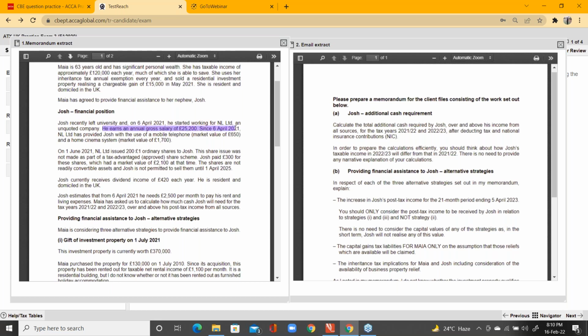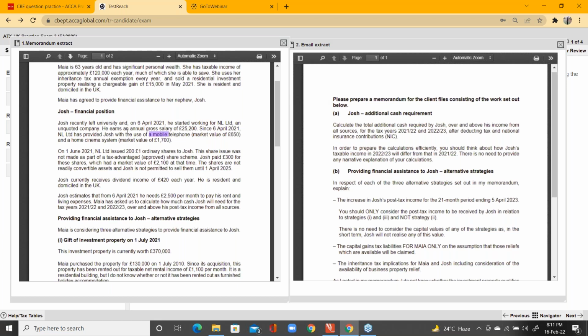All right. Since 6 April 2021, NL Limited has provided him with the use of a mobile telephone. Since he joined the company, the company provided a mobile phone, and we know that whatever the market value, there would be no taxable benefit in respect of this mobile phone, because one mobile phone is exempt.